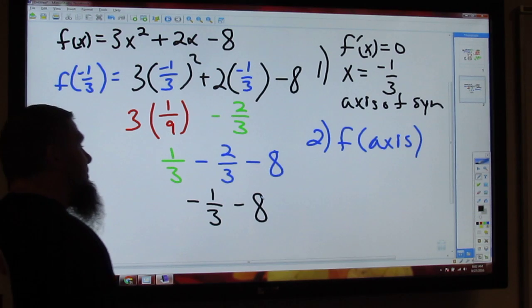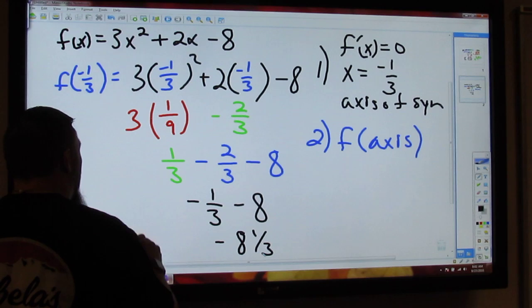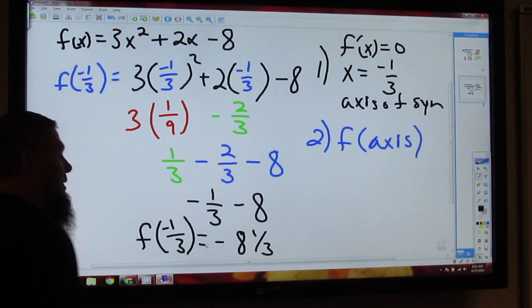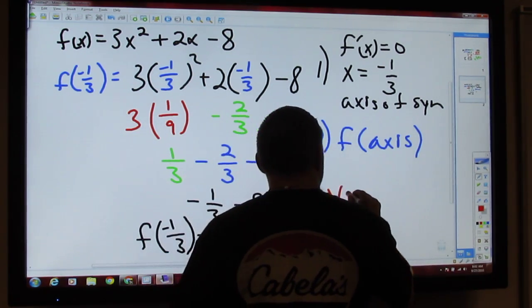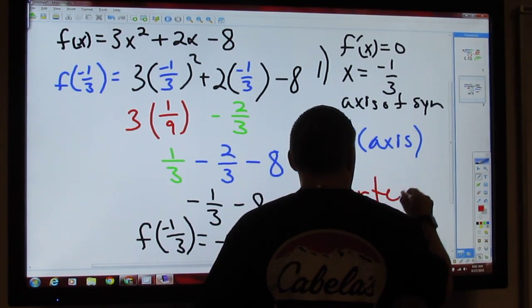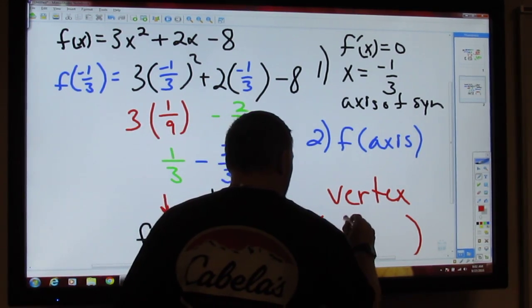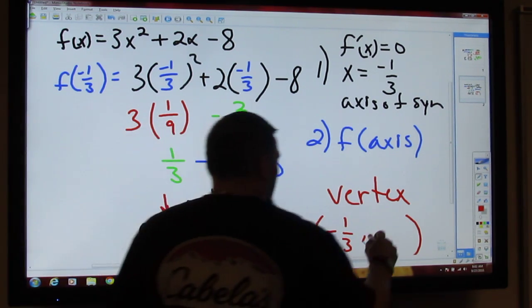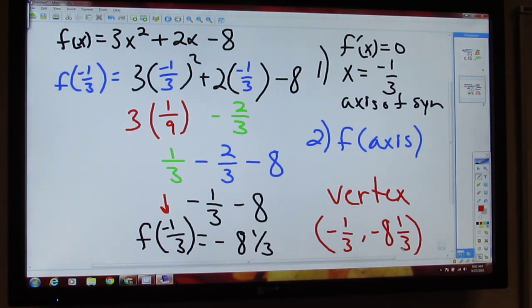So f of negative 1/3 is equal to negative 8 1/3. What's that telling us? The vertex is negative 1/3 and negative 8 1/3, and that's where the vertex is.